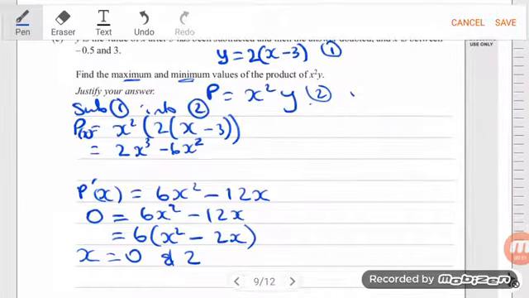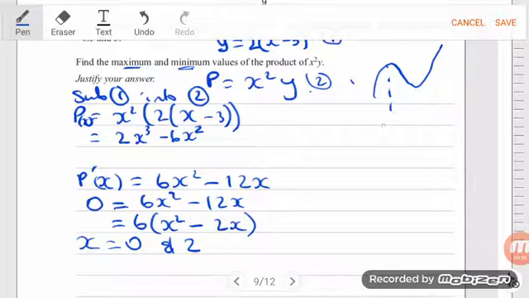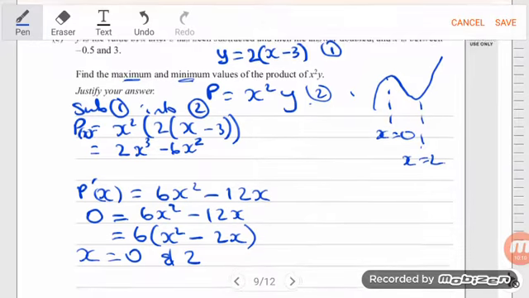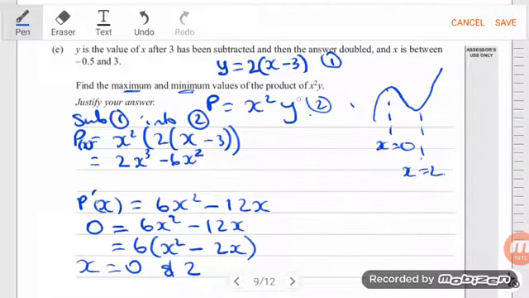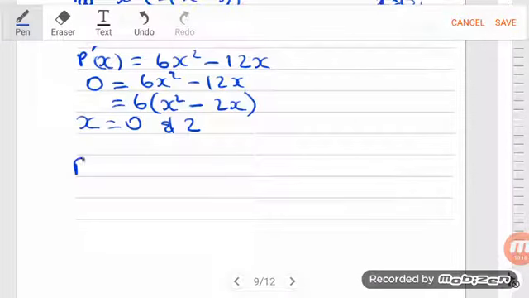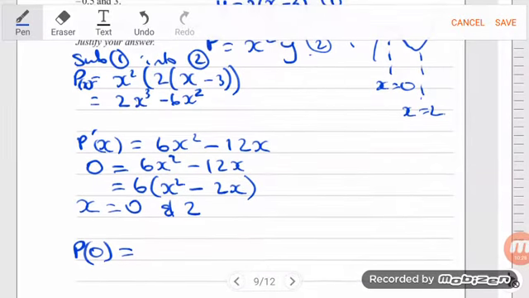So it's a positive cubic. So it's something like this. So that must mean our local max is here and our local minimum is here. And they want to know the product. So this is the original question then that we need. The original equation. One of them. So P of 0 is going to give us, we need to find the y value, don't we?